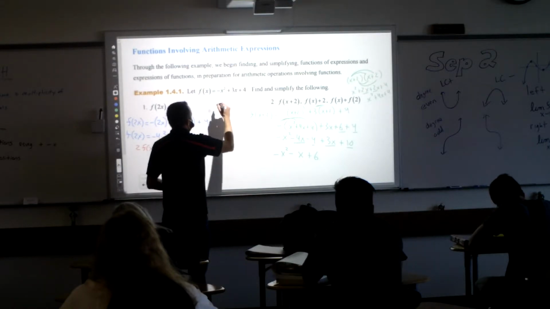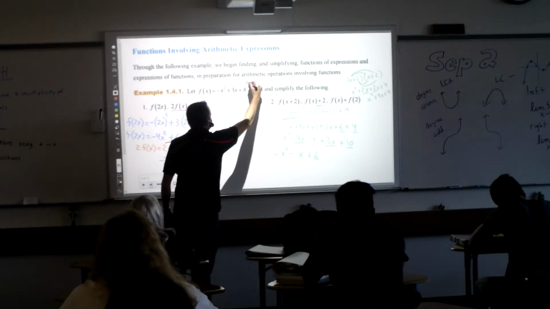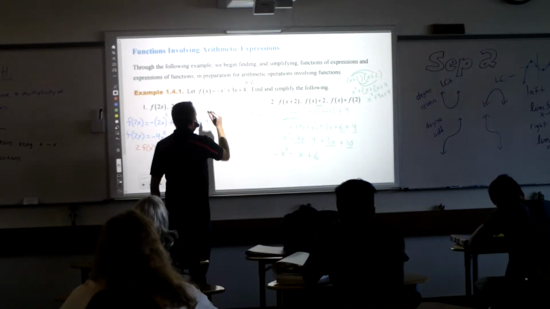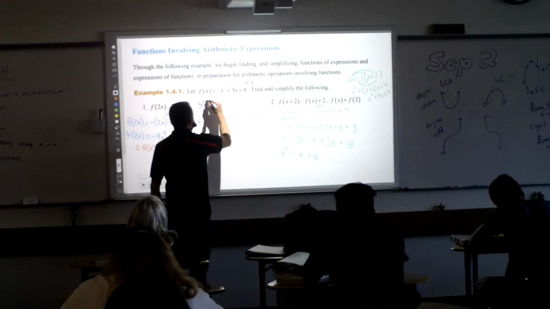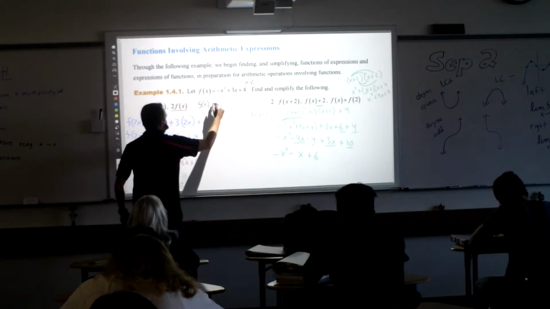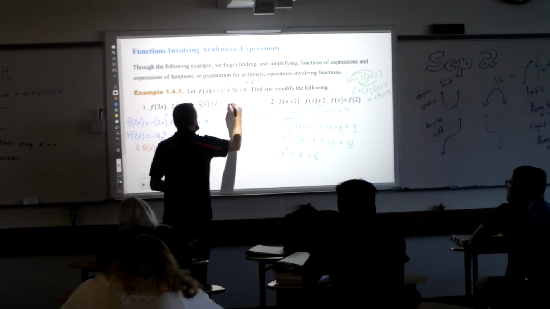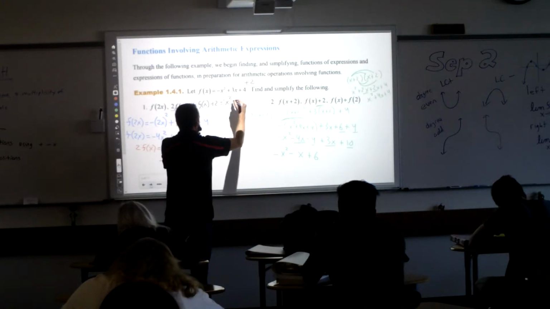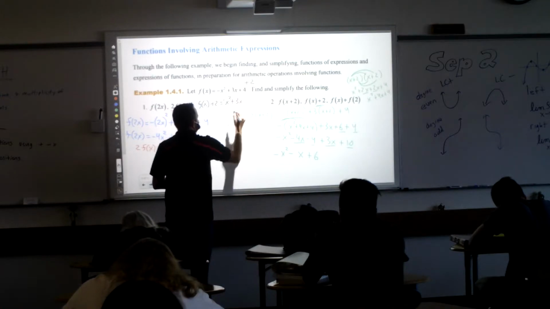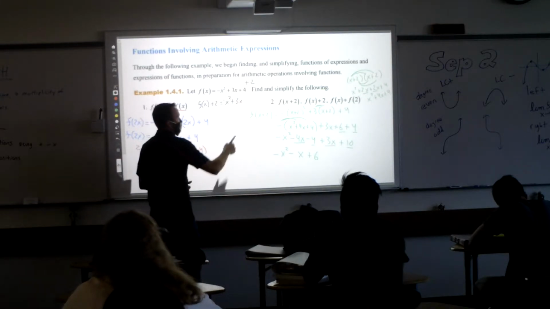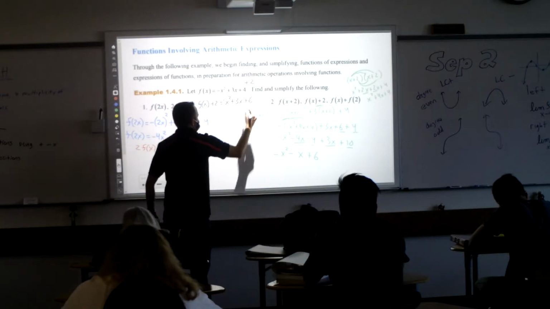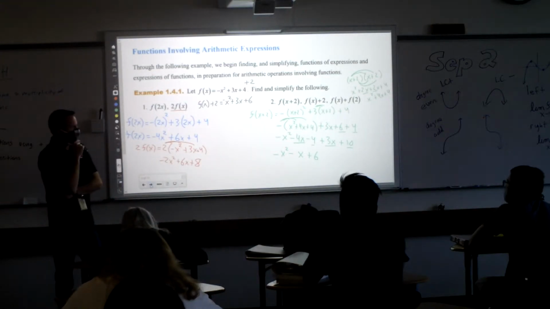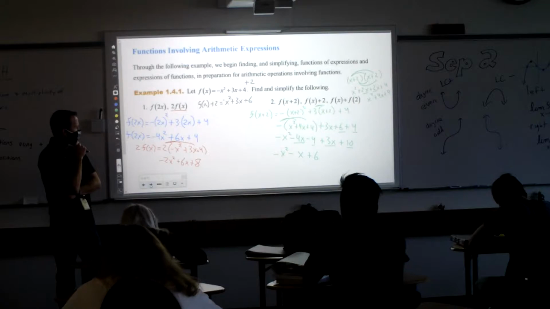When we do f of x plus 2, all we're doing is we're adding 2 to it. Oh, that's plus 2. So I'll still have the negative x squared plus 3x, but then what is our constant term going to be? 4 plus 2 is 6. Alright, I like that one. That's pretty easy, right?